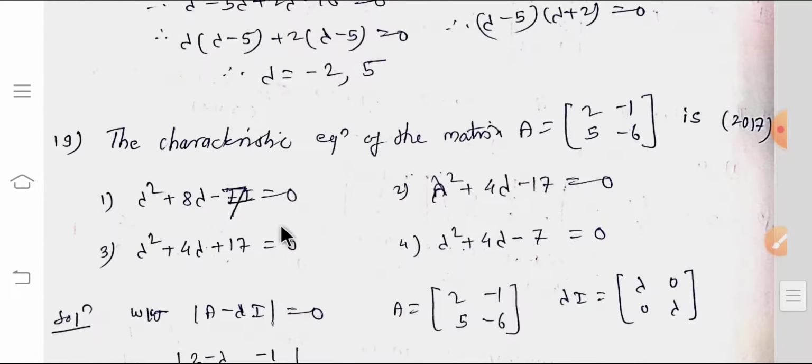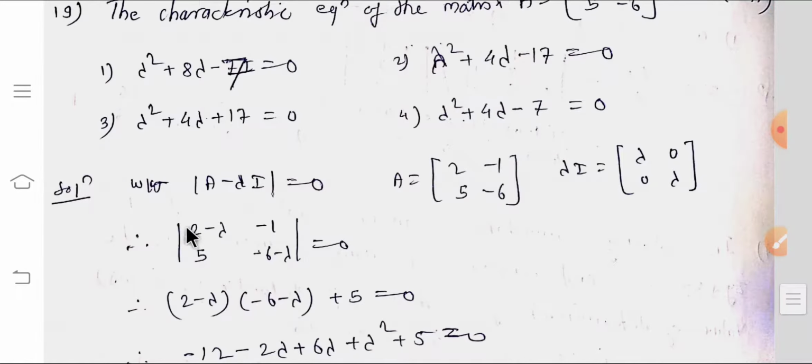Next example: the characteristic equation of the matrix A equal to [2, -1; 5, -6] is. Characteristic equation means determinant of A minus lambda equal to 0. Here all the characteristic equations are given, with lambda square. The equation is (2 minus lambda)(minus 6 minus lambda) plus 5 equal to 0.